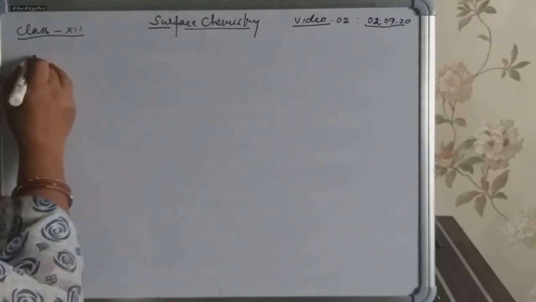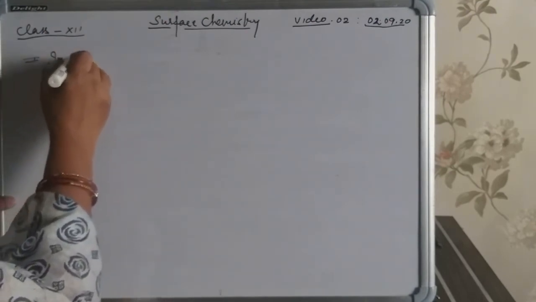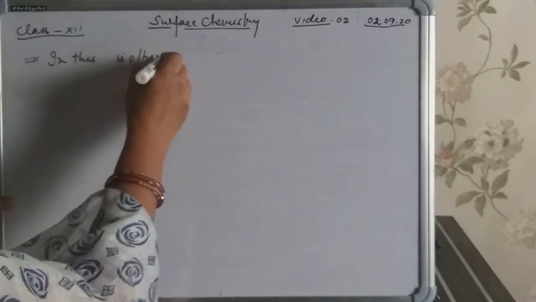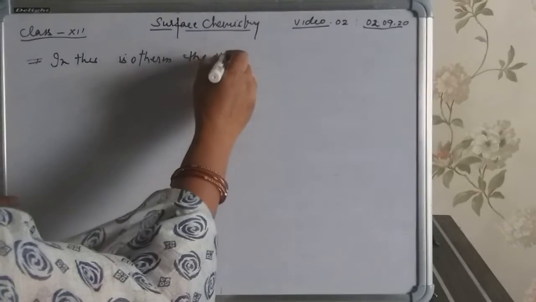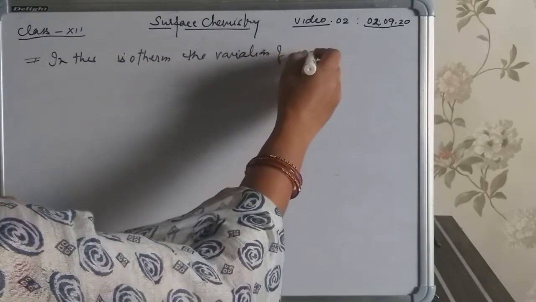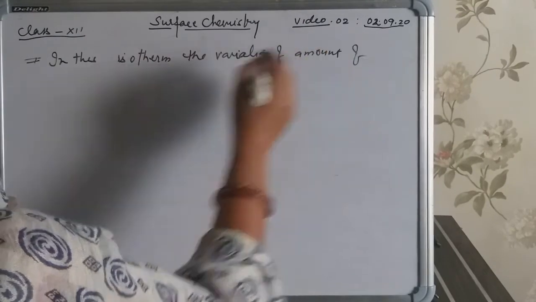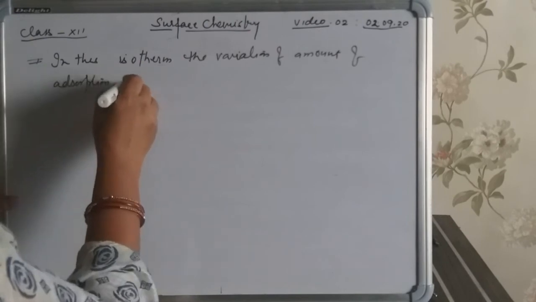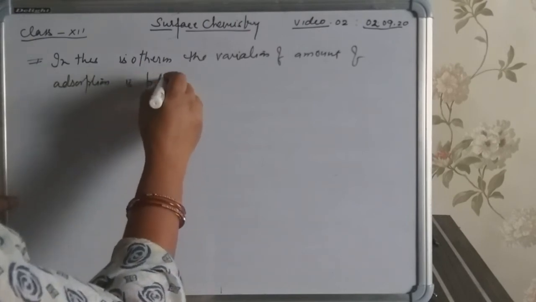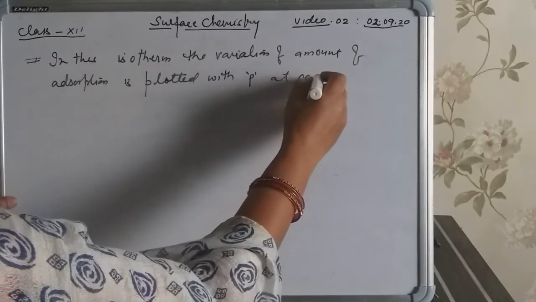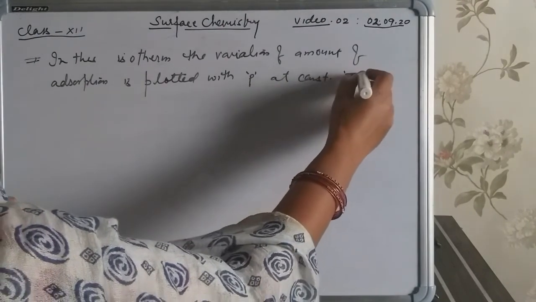So in this isotherm, the variation of amount of adsorption is plotted with pressure at constant temperature.